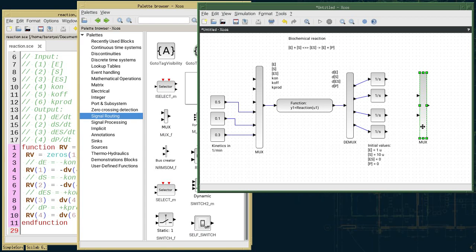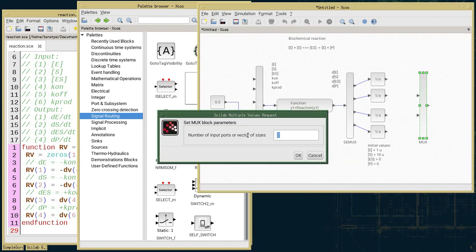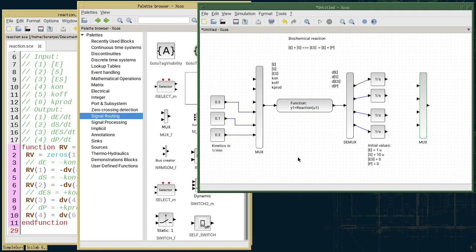With the multiplexer, double click, I need 4 inputs. Okay, and how will they be connected? Just this way, this way. I'm super lazy now.